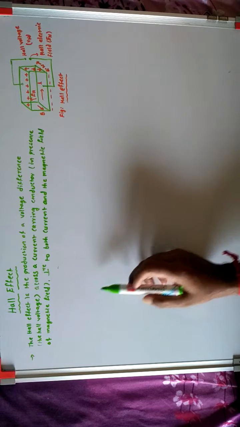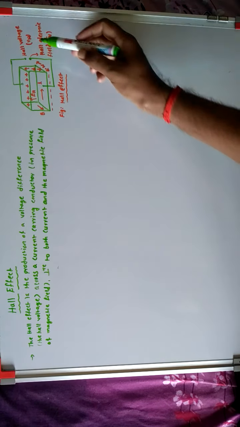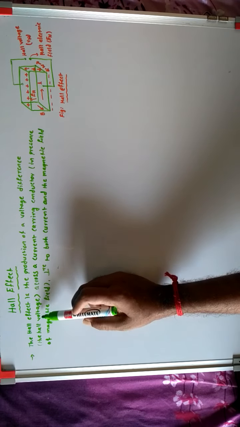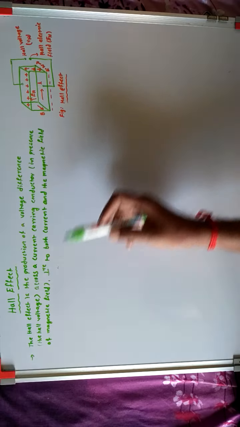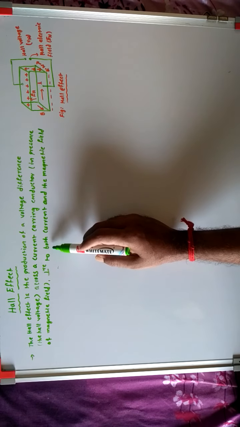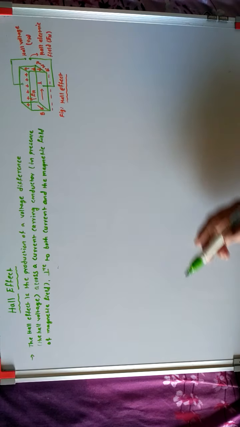The Hall effect is the production of Hall voltage, that is the Hall voltage across the current carrying conductor in the presence of a magnetic field perpendicular to both the current and magnetic field.